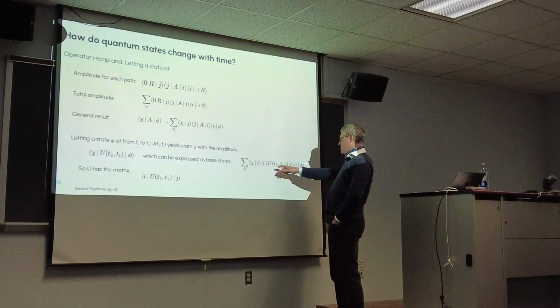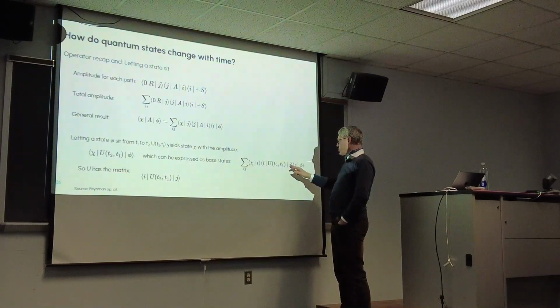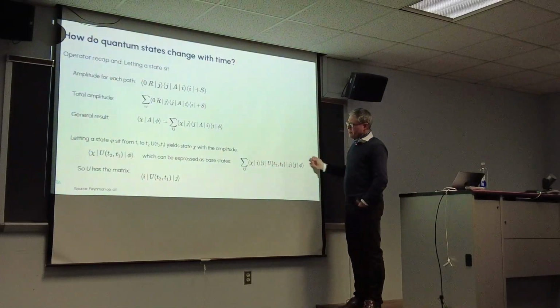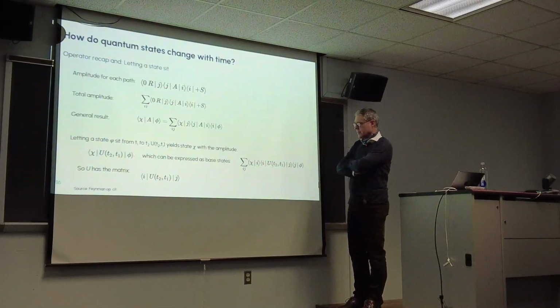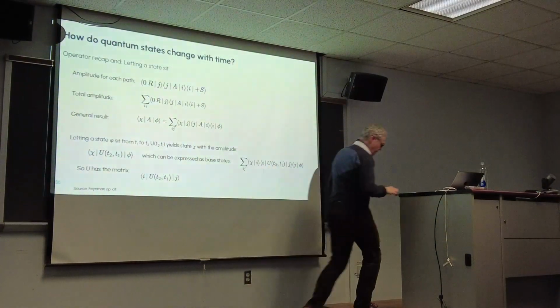I do this by summing again over the amplitude from phi to j, from j to the operator, from the operator to i, and from i to chi. So again the path that we've been talking about the whole time. And so basically this function U is a matrix of this shape.